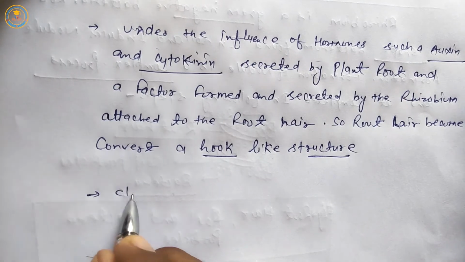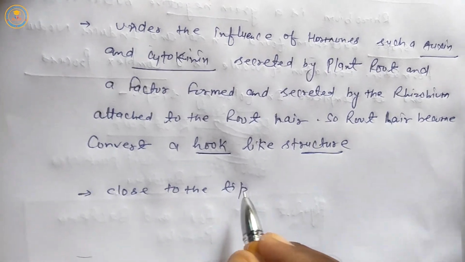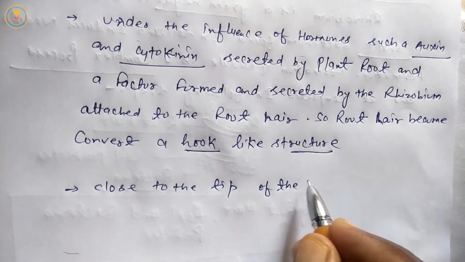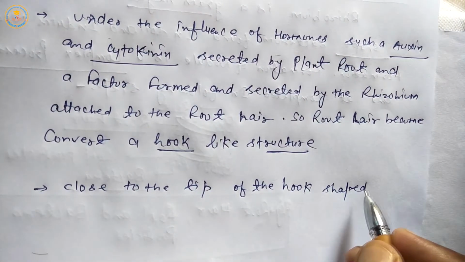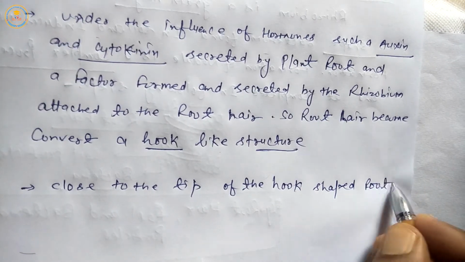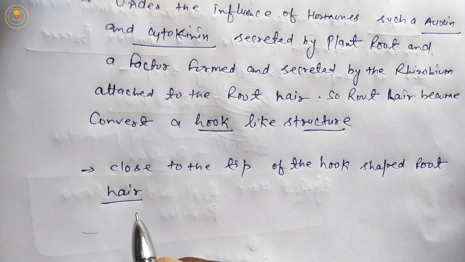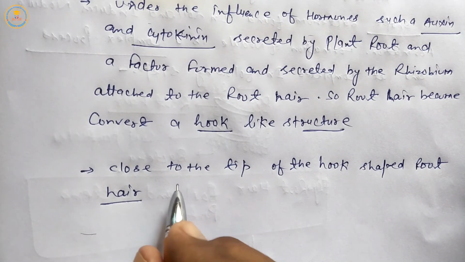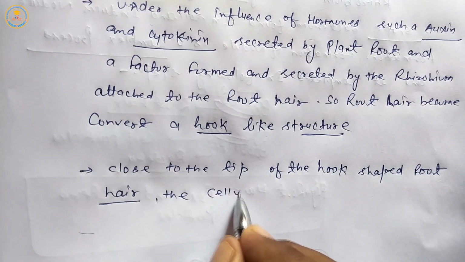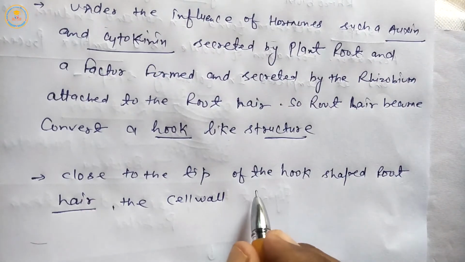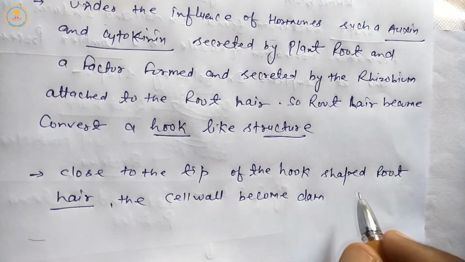Third is to close the tip of the hook shaped root hair. Next, close the tip of the root hair. The cell wall becomes damaged.